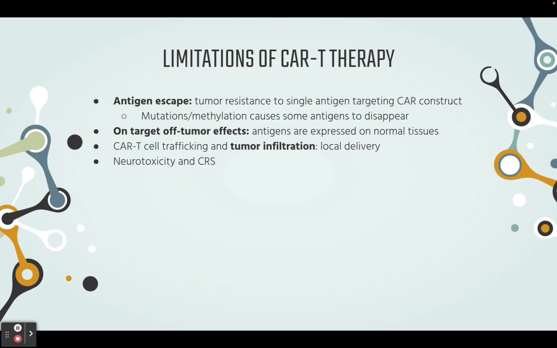Something they've been working on that I read about in my papers is local delivery directly into the body at the tumor location. And then a big issue is neurotoxicity and cytokine release syndrome, or CRS. Again, those are more toxic side effects to the body as a result of CAR T therapy.